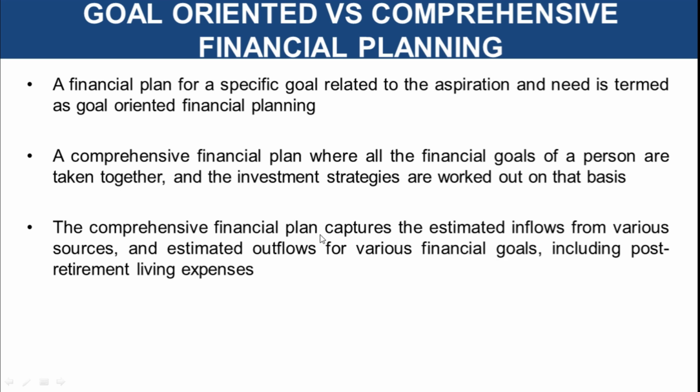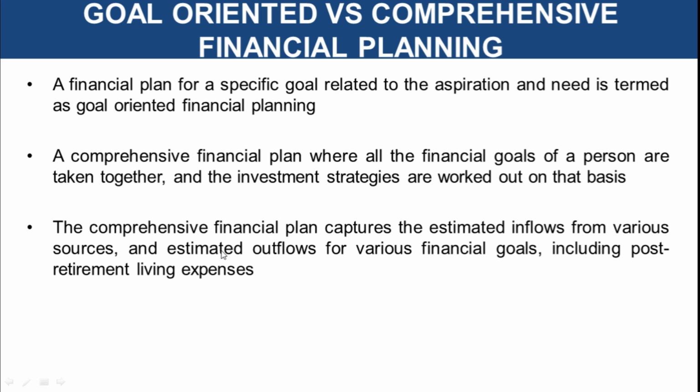So the comprehensive financial plan captures the estimated inflows from various sources and estimated outflows for various financial goals, including post-retirement living expenses. So a comprehensive financial plan is a longer one as compared to goal-oriented financial planning, and it would go till the retirement living expenses, the tax planning, then the estate planning.